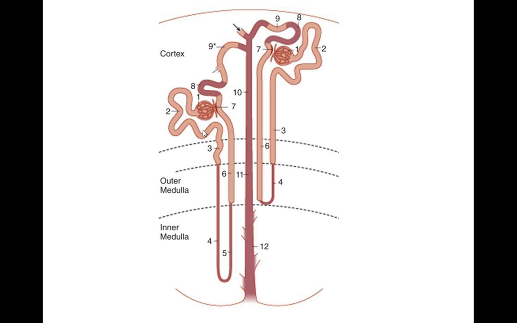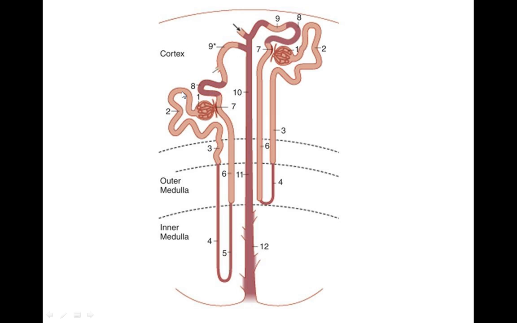Three main processes of urine formation occur inside these functional units, meaning inside the nephrons. At first, plasma is filtered through this capillary network, and then two other processes occur inside the different parts of the tubular structure.